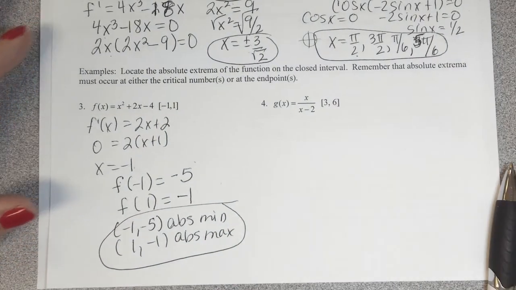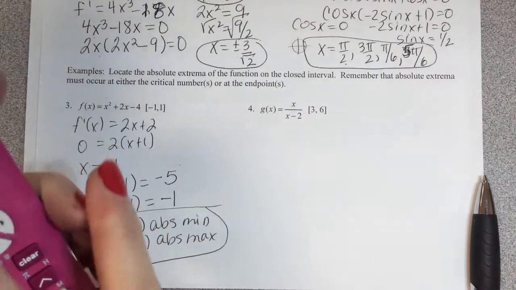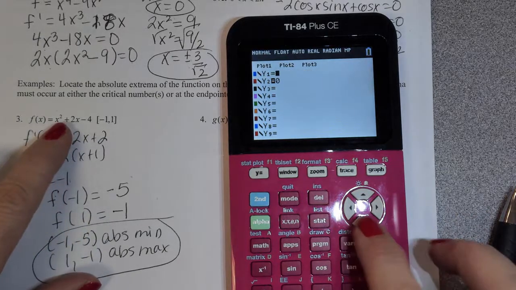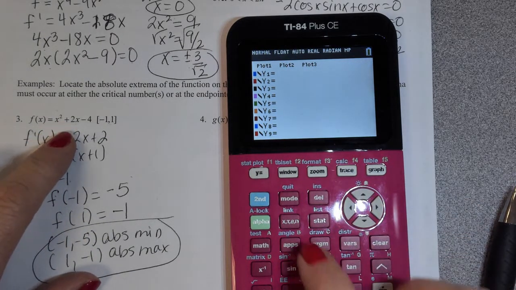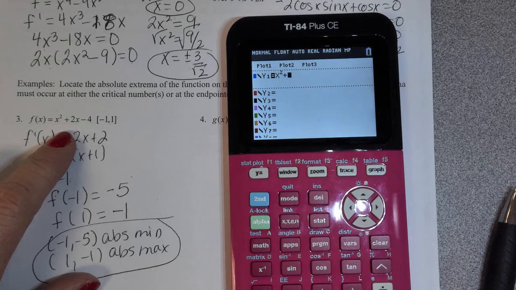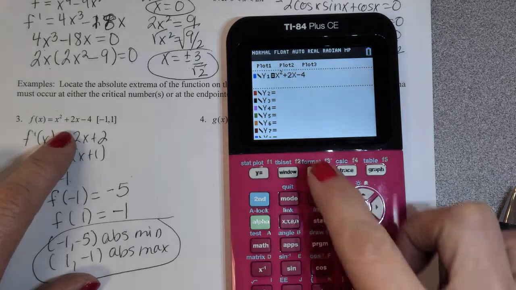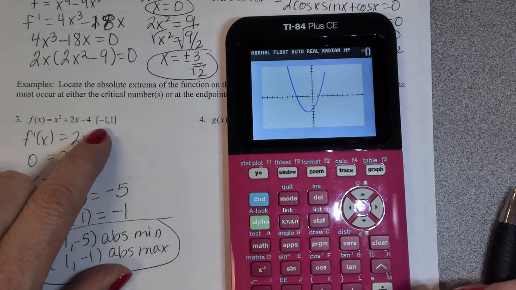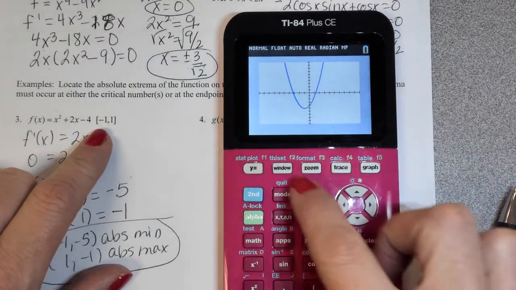Let me just show you that on the calculator too. So if we have this in our calculator, I'd want to be looking at x squared plus 2x minus 4. But I only want to look at it between -1 and 1. There's what it looks like over -10 to 10.